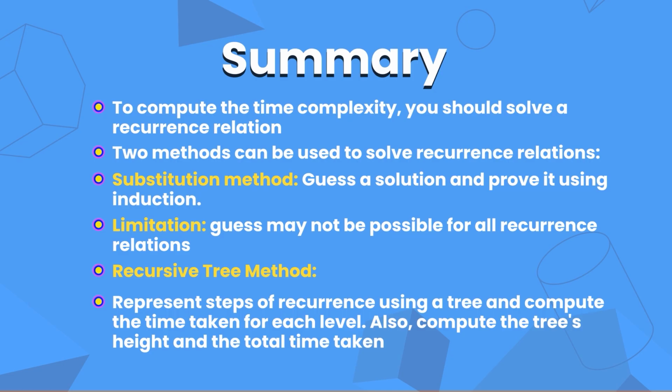We break the recurrence into a tree, but it may not be very obvious in certain cases and may not solve all kinds of problems, but still it will give you a probable solution which can be used in the substitution method.